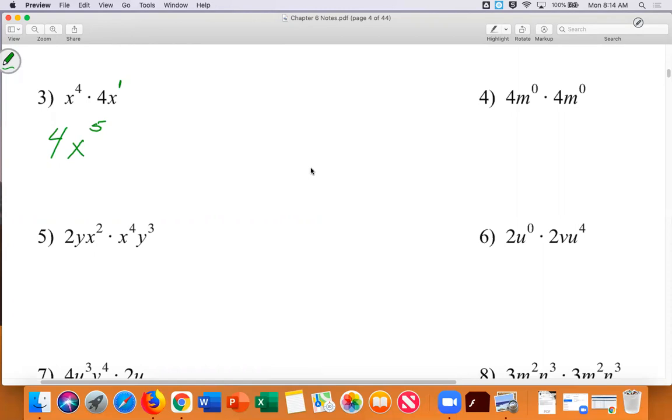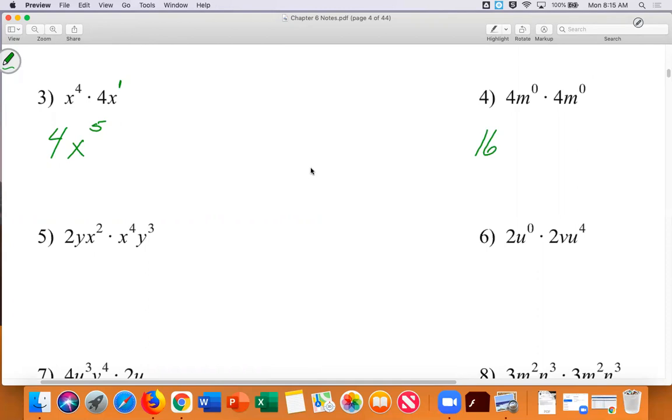In number 4, we're going to talk about later what actually something to the 0th power is. But for now, we have 2 parts, right? We have numbers and we have variables. So here, 4 times 4 is what? 16.